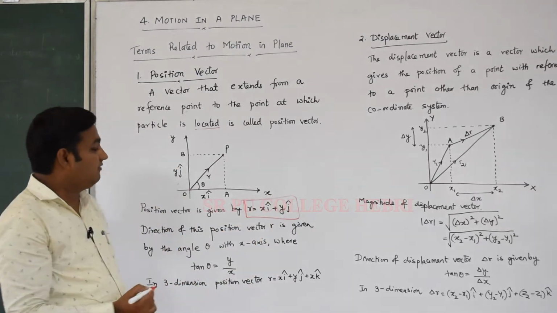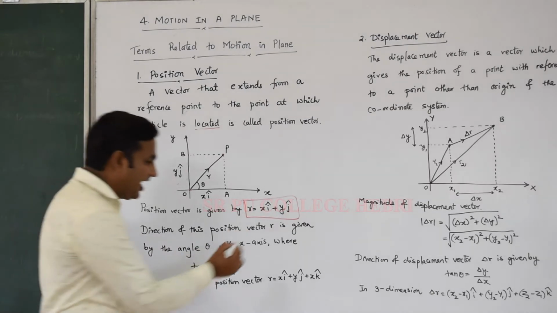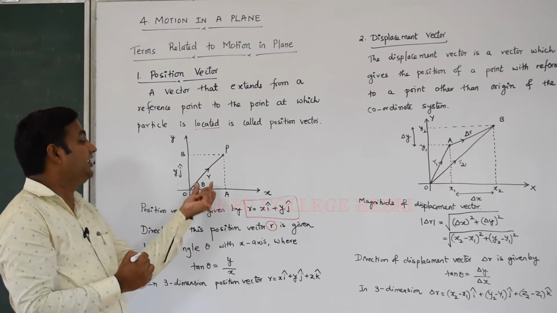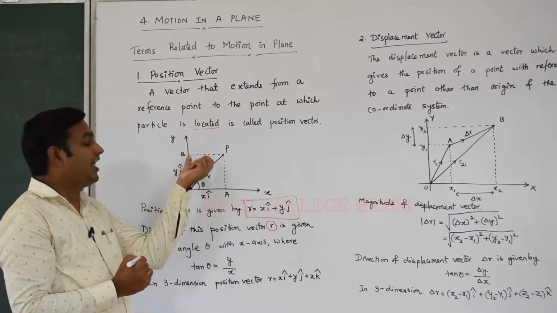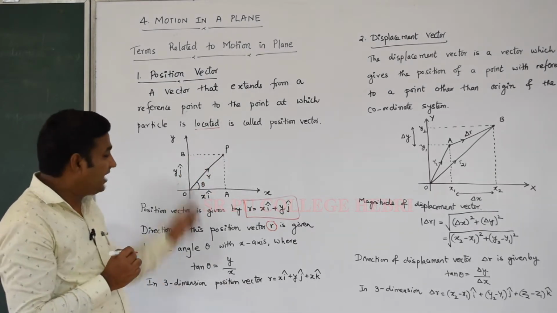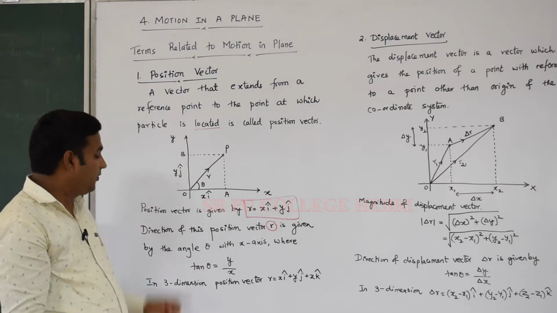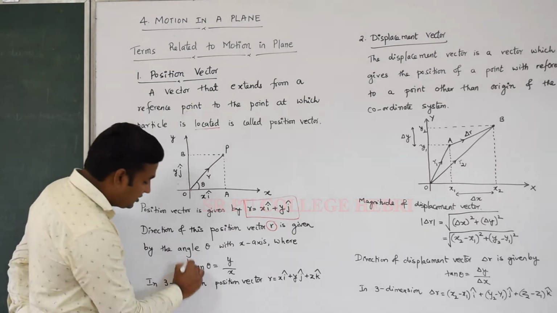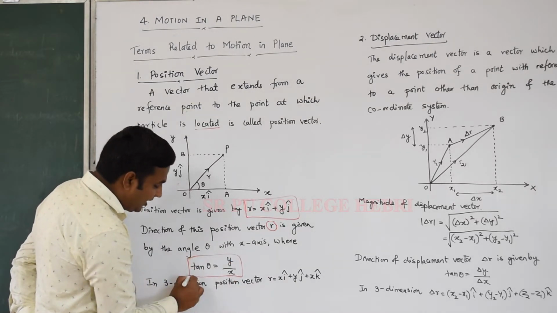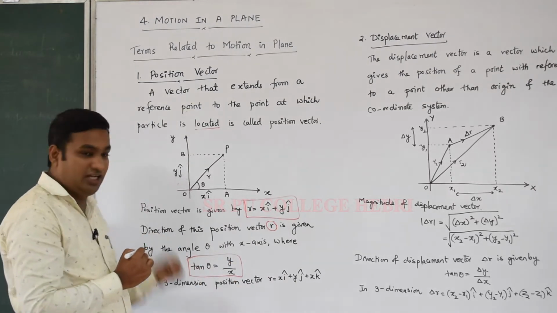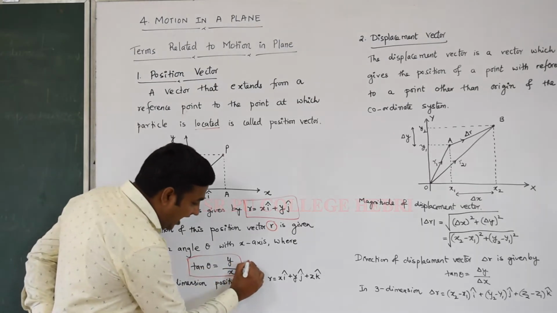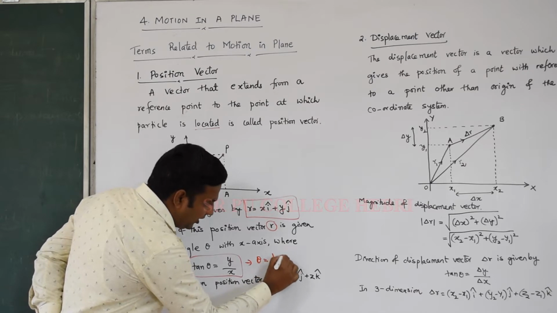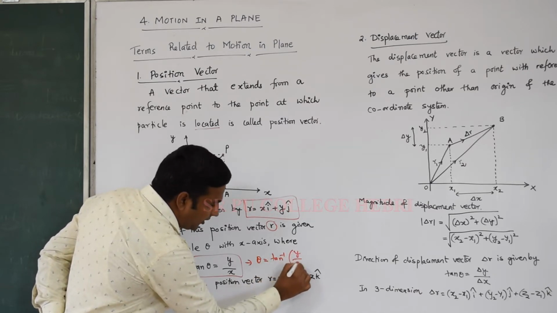The direction of this position vector r is given by the angle theta. Theta provides the direction of the position vector. The direction of position vector r is given by the angle theta with the x-axis, where theta is equal to tan inverse of y divided by x.